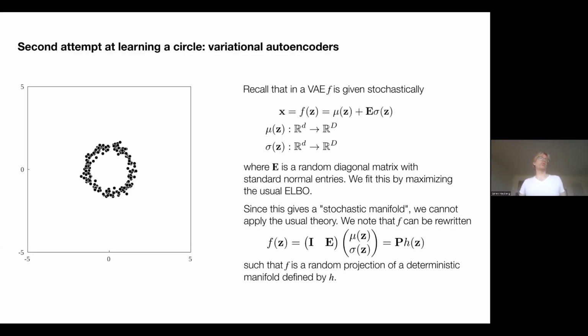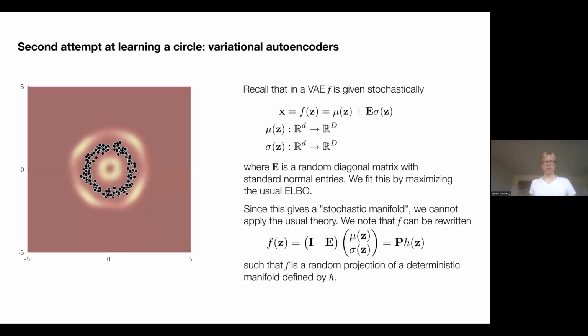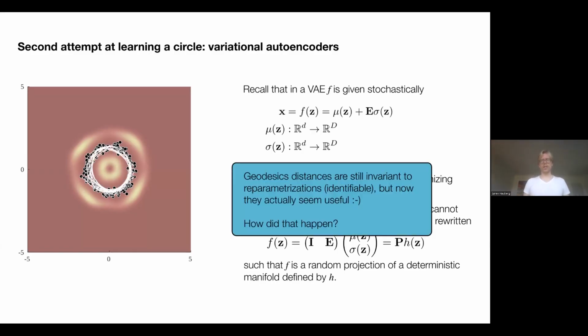Now, what we can then do is look at the geometry of this map into the space of the mean and standard deviation. And if we do that, we get a volume that looks like this, and geodesics that actually follow the circular trend of the data. So all of a sudden, we went from something that basically disregarded the structure of our data into something that really captures the essence of what's going on.